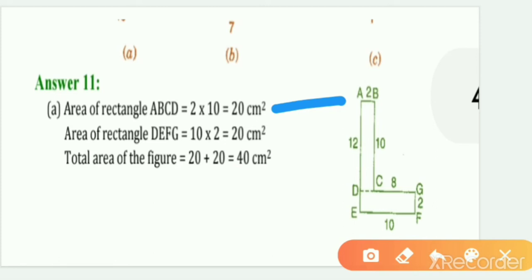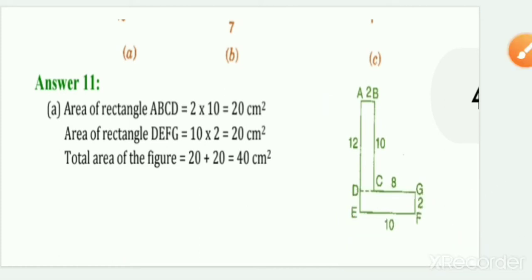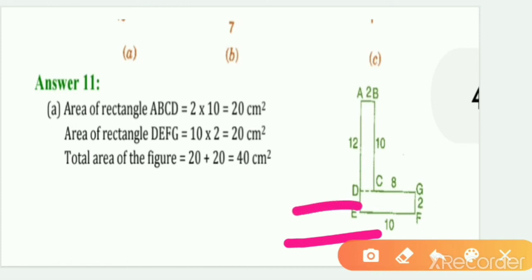Now moving to this rectangle we have. Same, again it is given here 10. This is given 10 and the breadth is also 2. Because see, this complete side is 12, no?